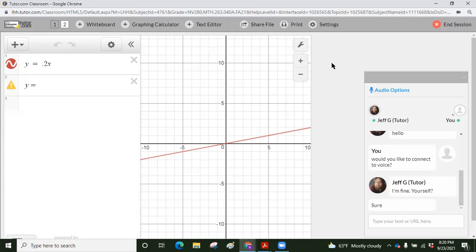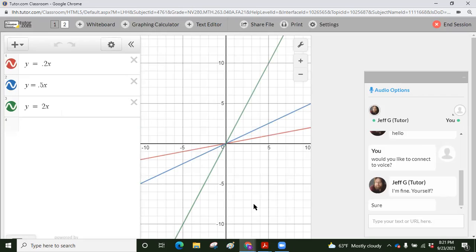And 2x is a steeper slope. It's a bigger number. So as the slopes get larger, they rotate counterclockwise, right? It sort of makes a bigger angle with the x-axis, would be another way.